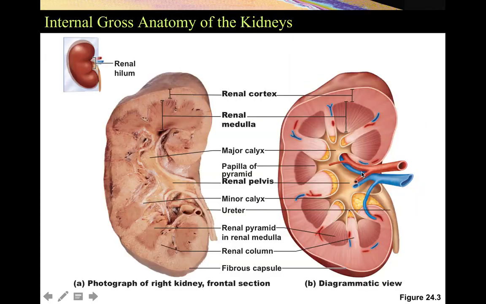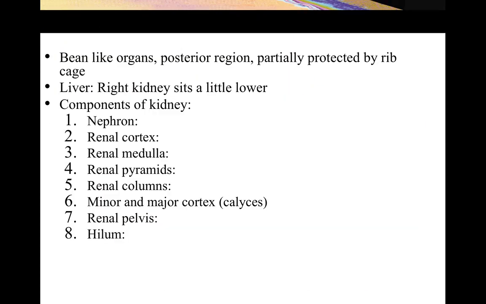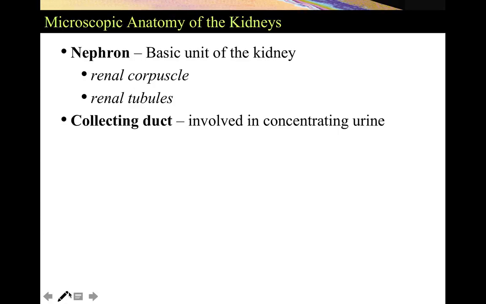The only thing we haven't talked about on that slide is the word nephron. If I want to simplify the function of the nephron in a few words, I can describe it as the basic unit of the kidney. Basic unit of the kidney implies that it is the component that is responsible for producing urine.